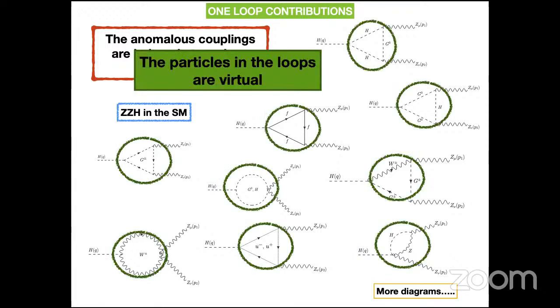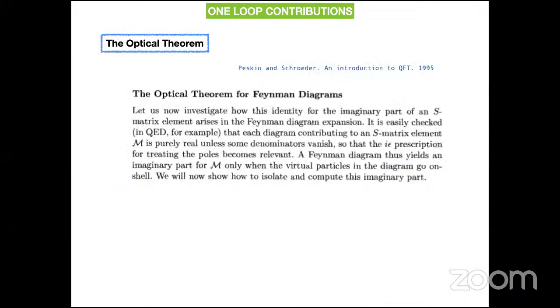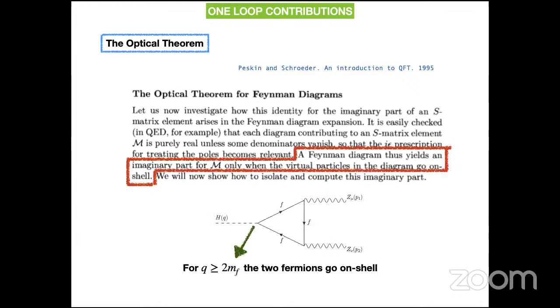So at this point, I'm going to call the optical theorem for Feynman diagrams, right? This is a part of the famous book of Peskin and Schroeder, and I want you to note the following part, which says a Feynman diagram yields an imaginary part for the amplitude only when the virtual particles in the diagram go on shell. So this means that in this Feynman diagram, remember that Q in this case is the four-momentum of the Higgs boson.